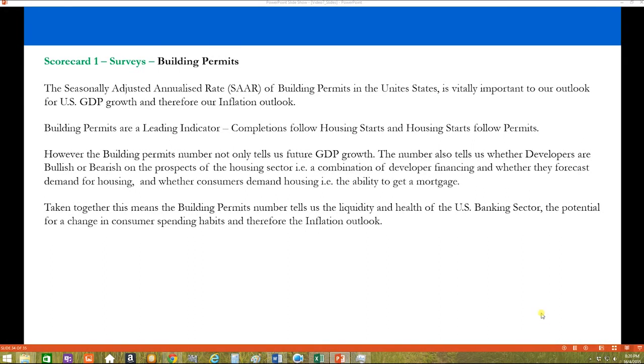And one final thing that I want to touch on with building permits is something that you should be thinking about across all economic indicators, as in whether it's a leading, coincident, or lagging indicator, and what your inputs are in terms of importance that you place on them.